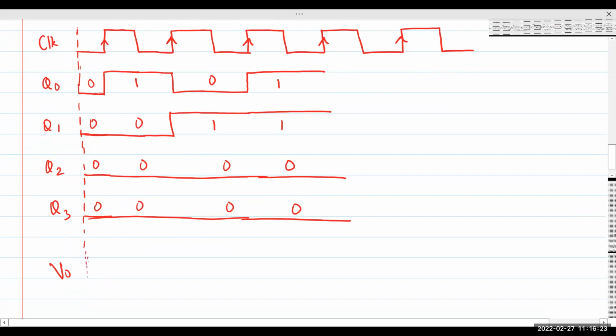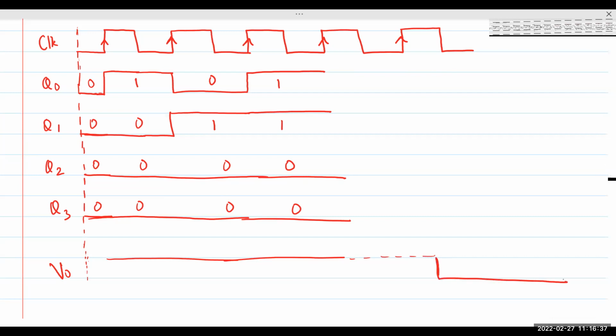And because we are using A less than B, whenever A is less than B, it's going to stay high. And then sometime in the future, when A is equal to or greater than B, it goes to 0. And so that's what your V out is going to be.